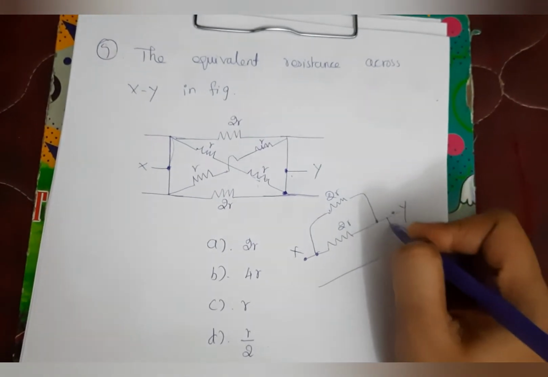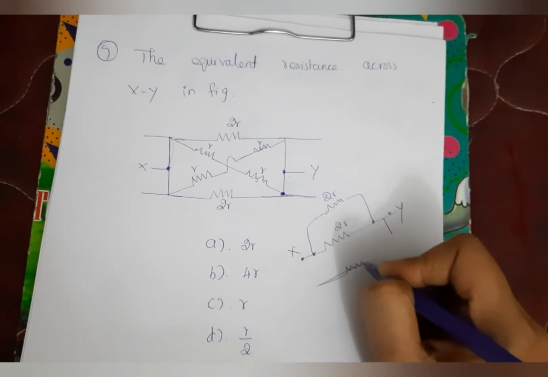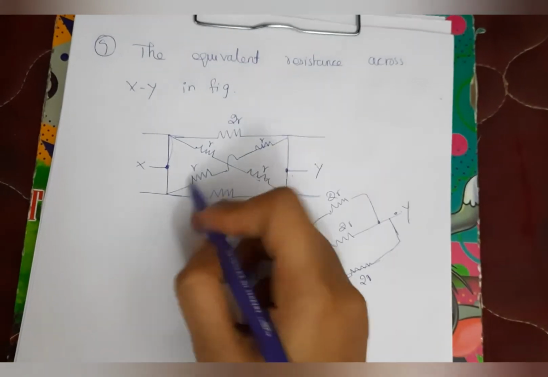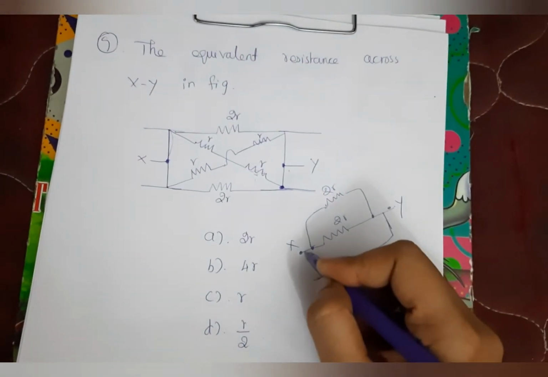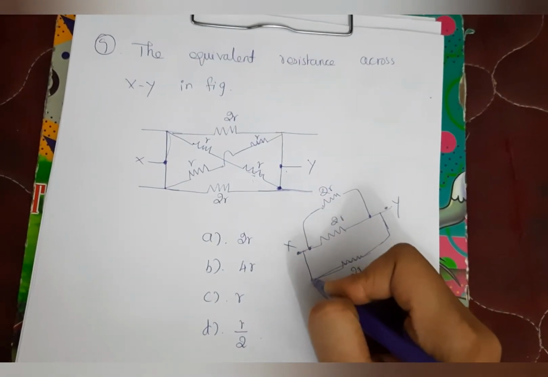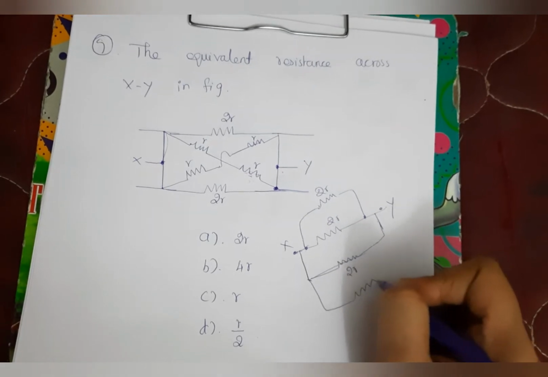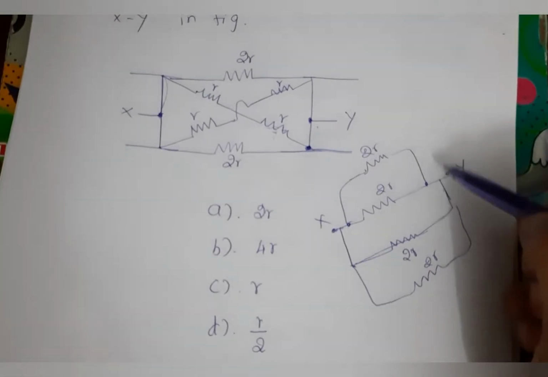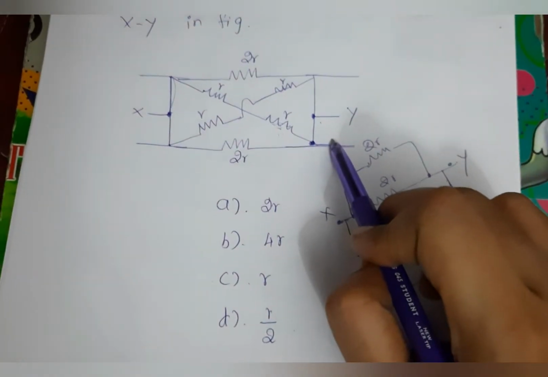Similarly, this is Y and this is 2R, this 2R. Again this point we can redraw like this, 2R. So now this is the equivalent circuit of this circuit.